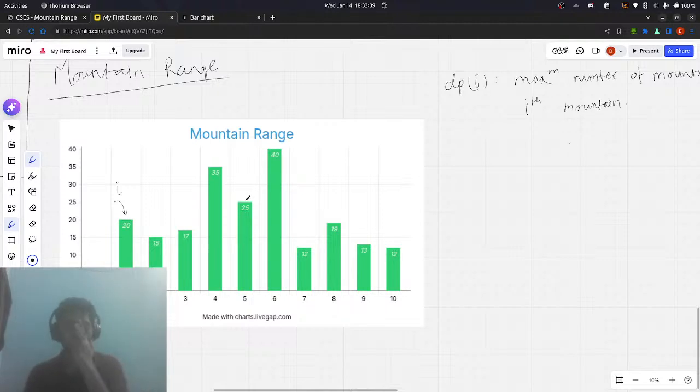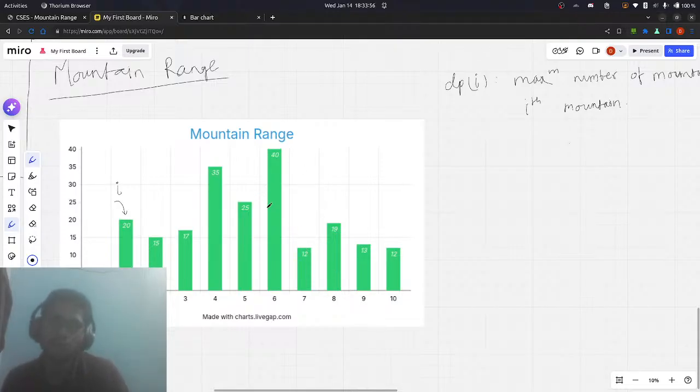If we are doing that, then we need to start solving from the lowest mountain, right?